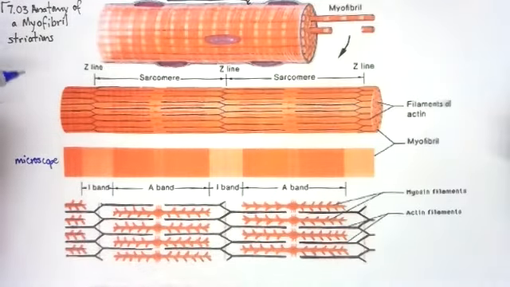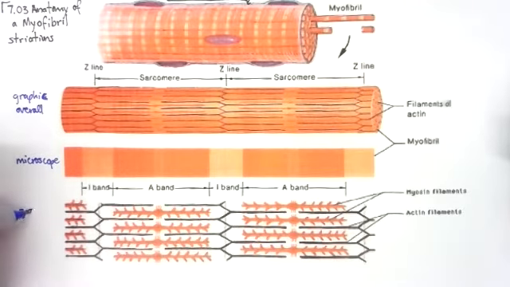And this is a schematic or a sketch or graphic of the overall, and down here is a graphic of just the actin and myosin. But what's important to note is that these are the same structure.